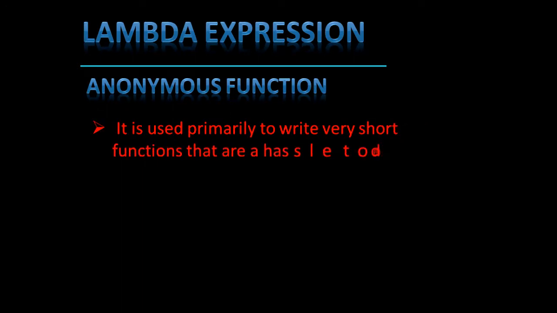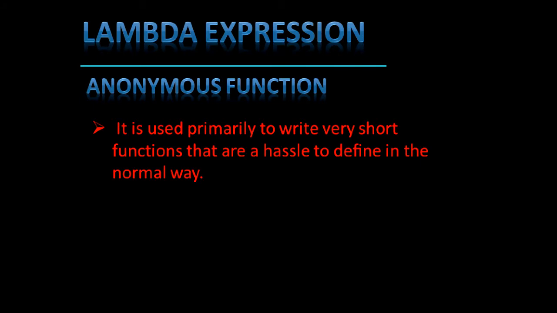Let us see its introduction. It is used primarily to write very short functions. If you need to make a function of one line, two lines, or three lines, then you will use a lambda function, which will be only in one line, and it will take multiple arguments and return only one thing.